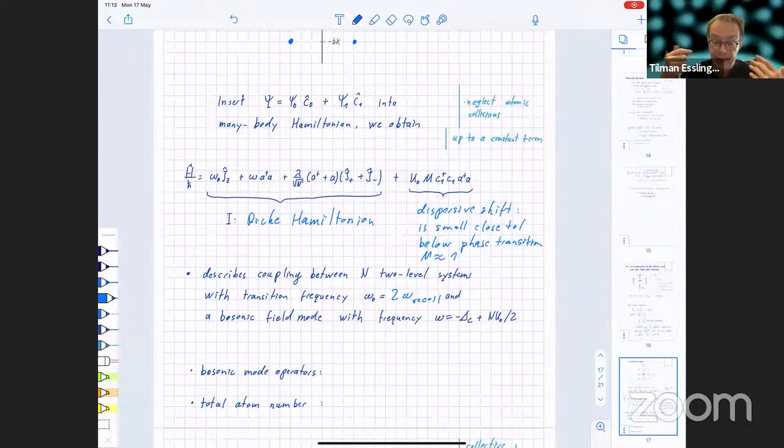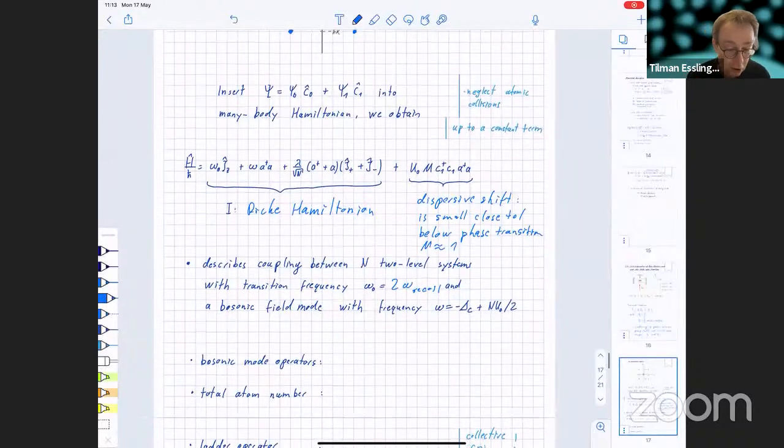And here, if you choose the energy difference of your 2-level system really small, which here is in the few kilohertz range, then you need a fairly weak coupling, again in the few kilohertz, to get into the regime of this phase transition.